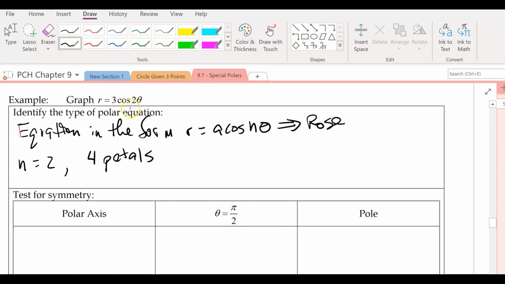And we also know that since it's a cosine, these 4 petals are going to be on our axes, so let's keep that in mind when we're graphing it.